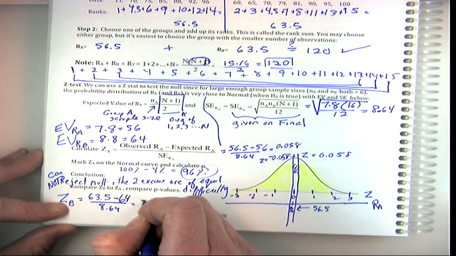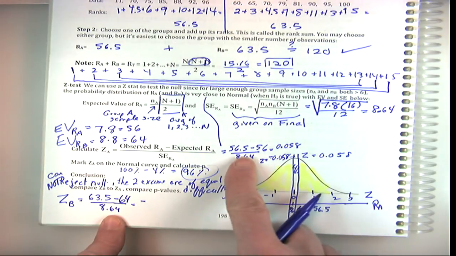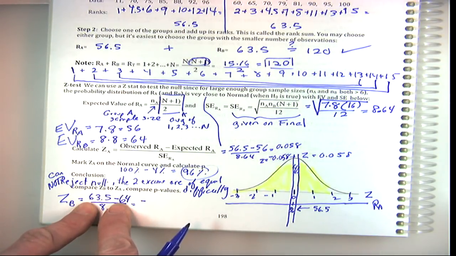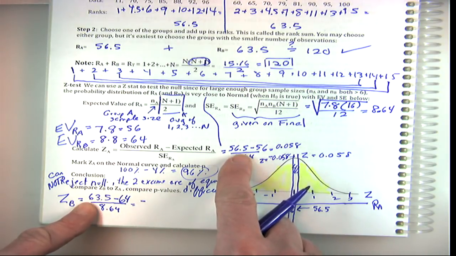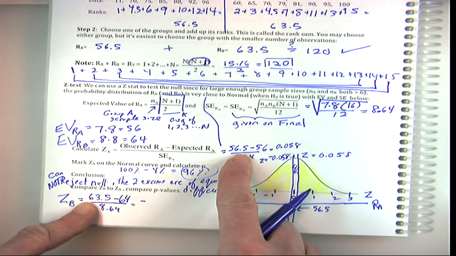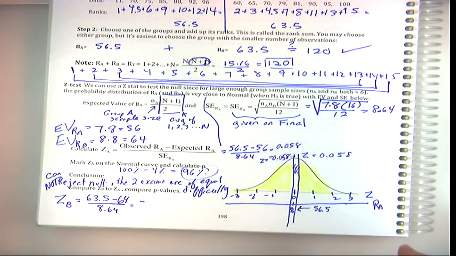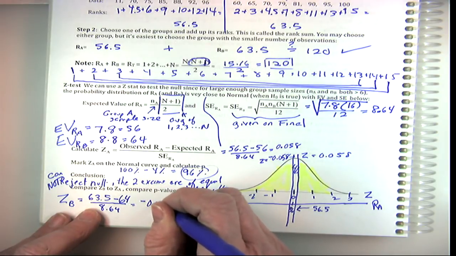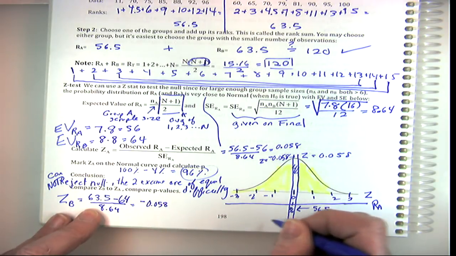So do you see how we just get the same z-score? Here was a positive 0.5 in the numerator, and this is a negative 0.5 in the numerator. So we get negative 0.058.